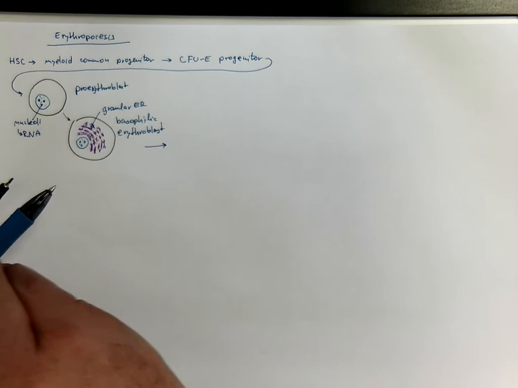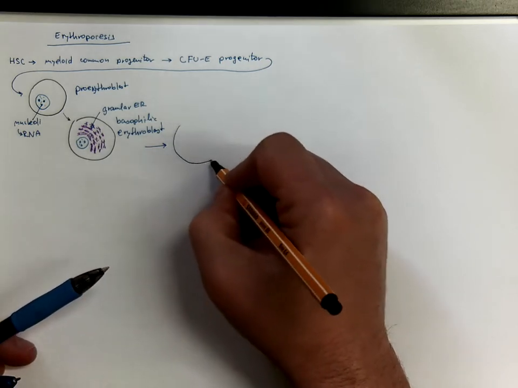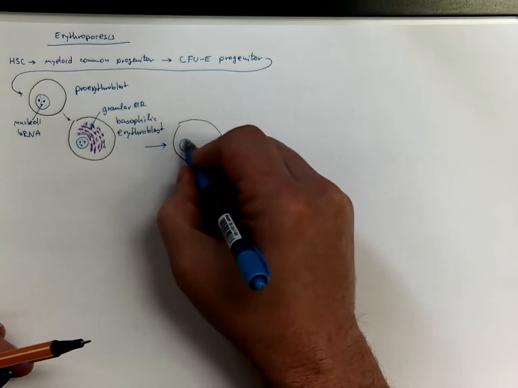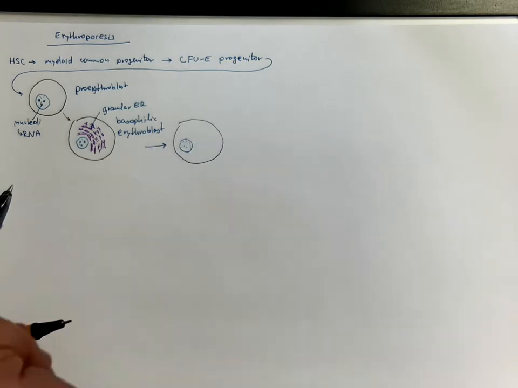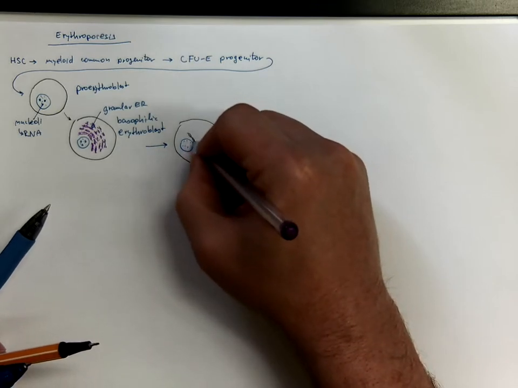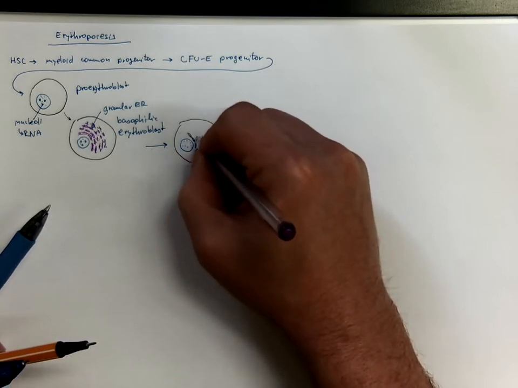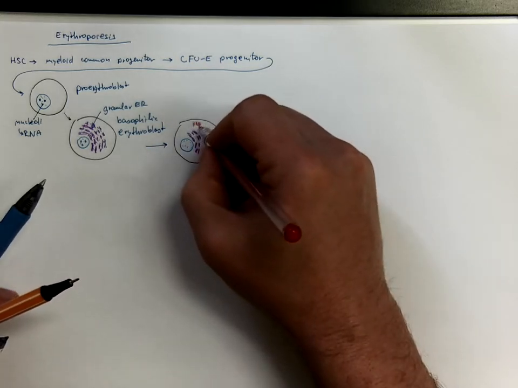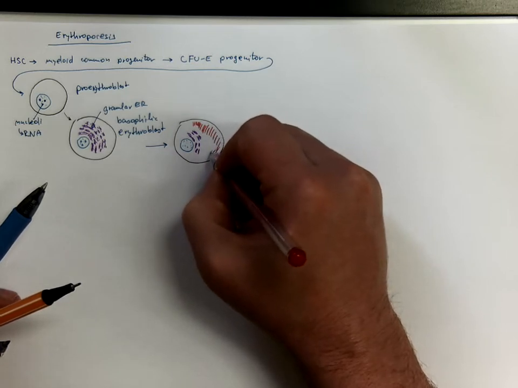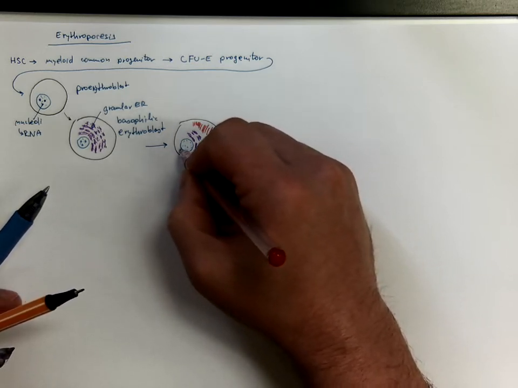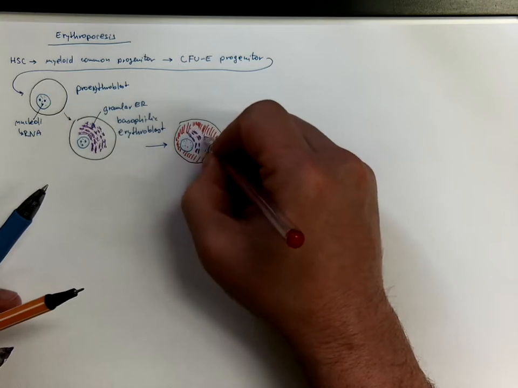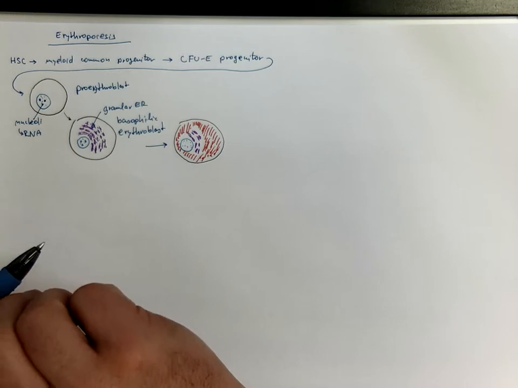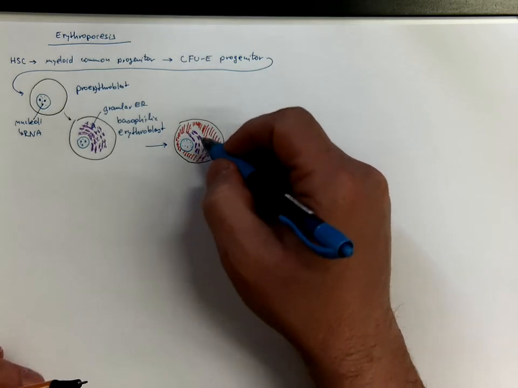Next stage still has a prominent granular endoplasmic reticulum, but also already hemoglobin in the cytoplasm, and the hemoglobin is eosinophilic. So the hemoglobin is a protein, will carry the oxygen, and is being produced on this granular endoplasmic reticulum.